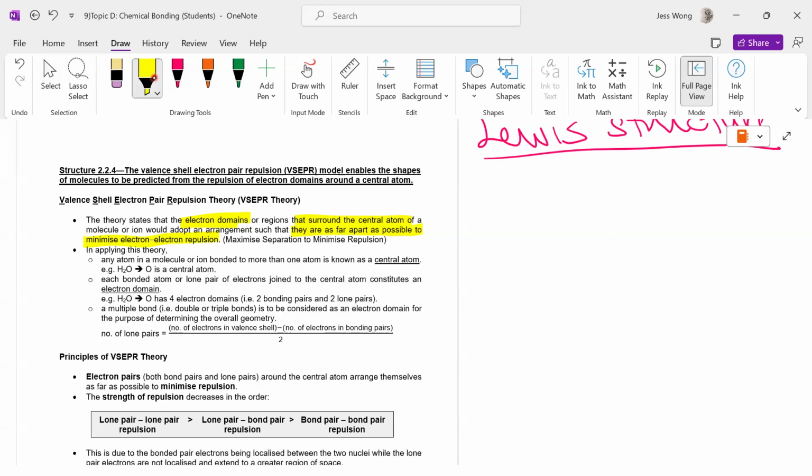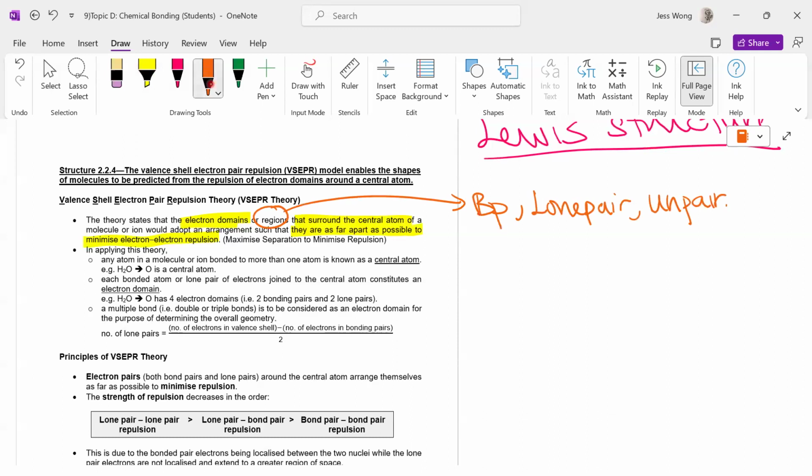When we say electron regions, this could be regions of bond pairs, regions of lone pairs, or regions of unpaired electrons, radicals. Understand? All these are electron regions. And all of them will try to adopt an arrangement to be as far apart as possible so that they minimize electron-electron repulsion.